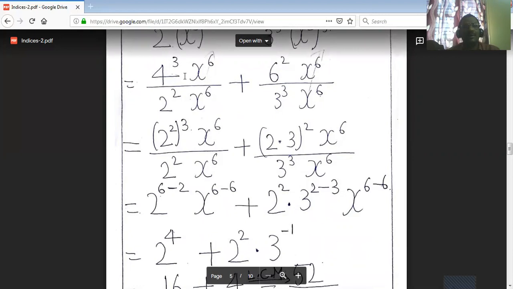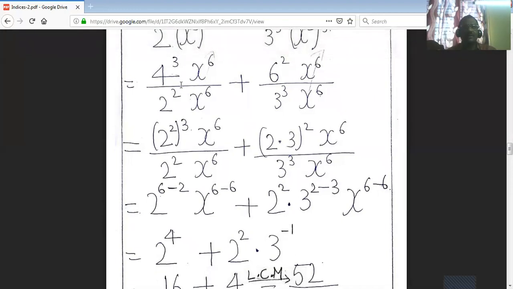Remember my instruction: when you are simplifying laws of indices, convert the bases into prime numbers: 2, 3, 5, 7, 11, like that. With prime bases it is very easy to simplify. Now 4 and 6 are converted into prime number bases.